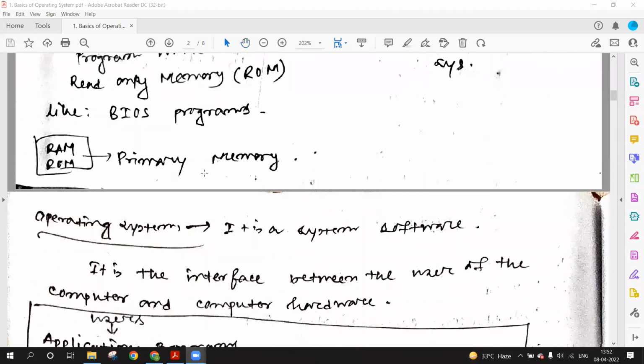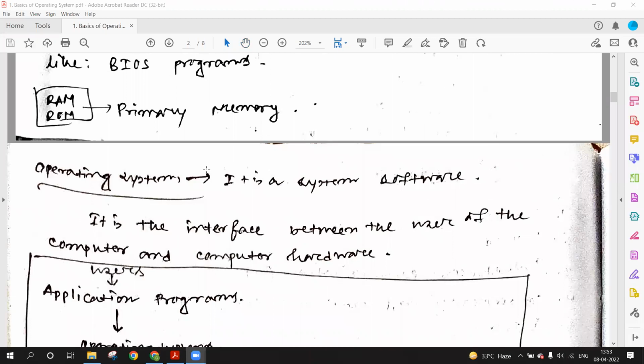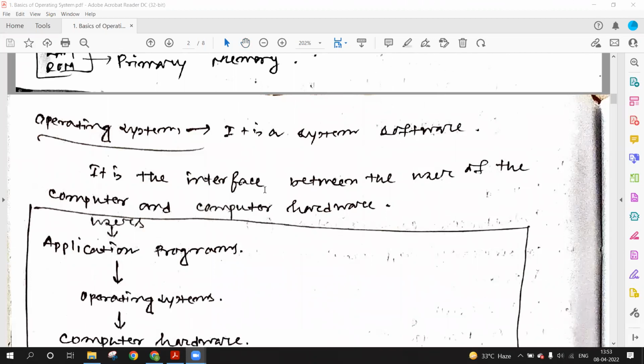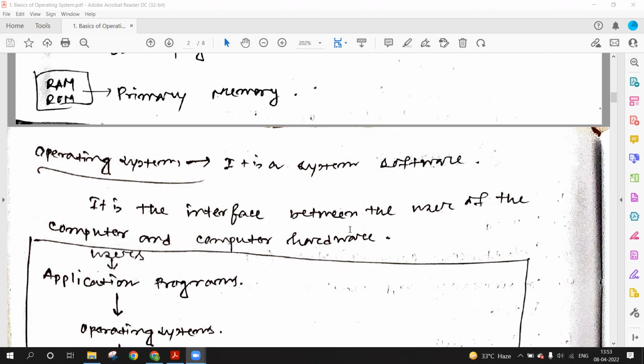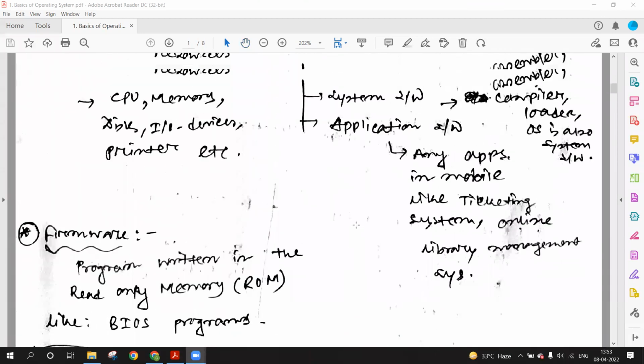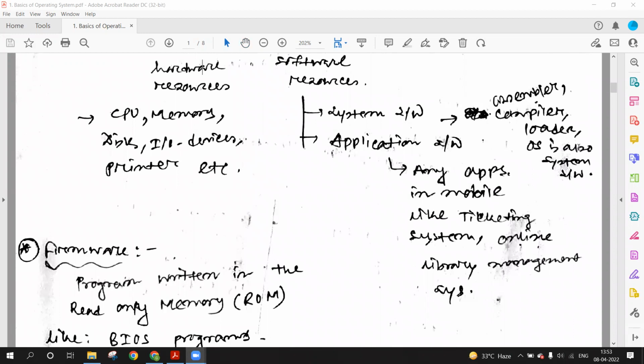Now the operating system. Our key term for the subject is operating system. As I told you, in the system software, the operating system is itself a system software.